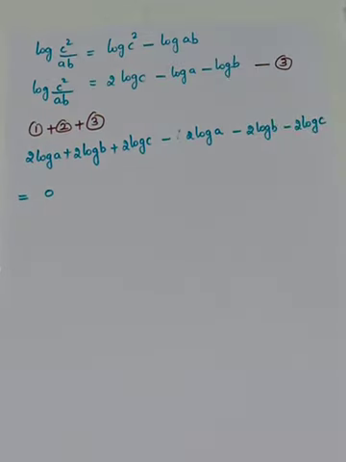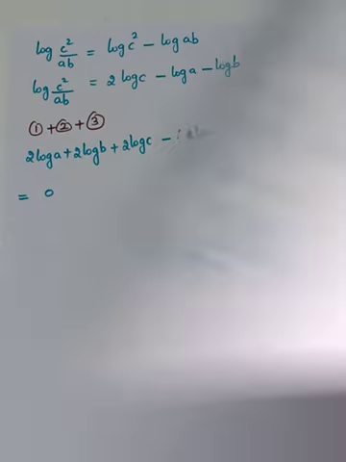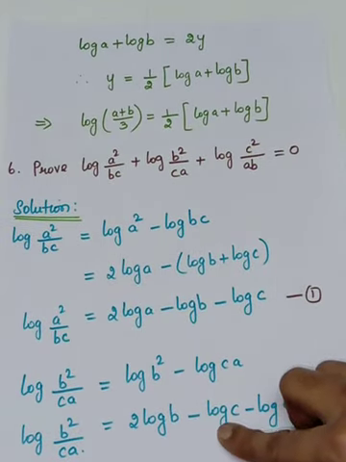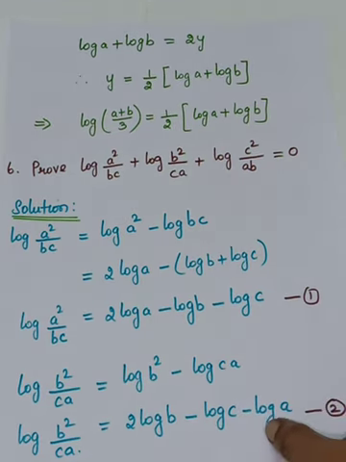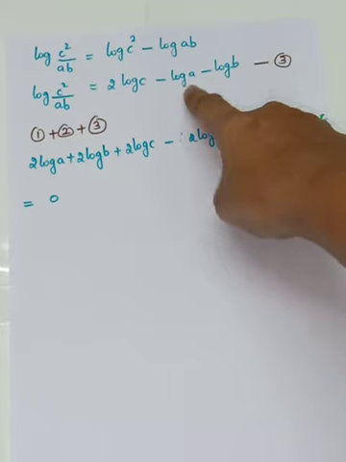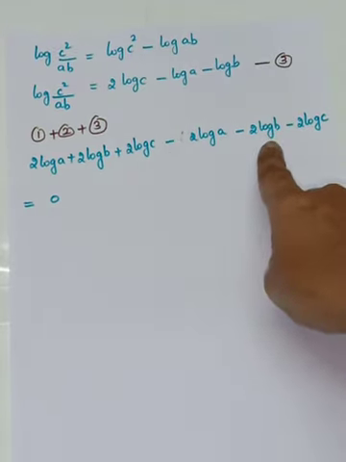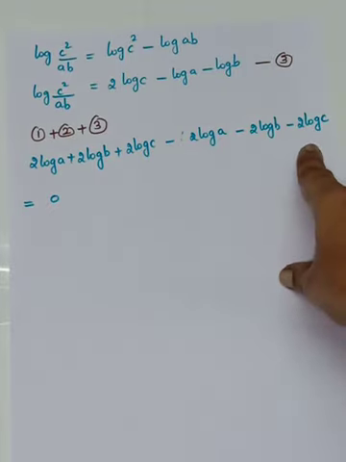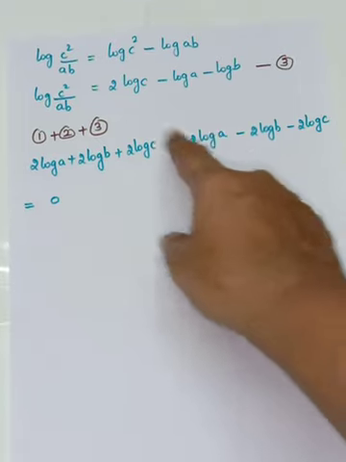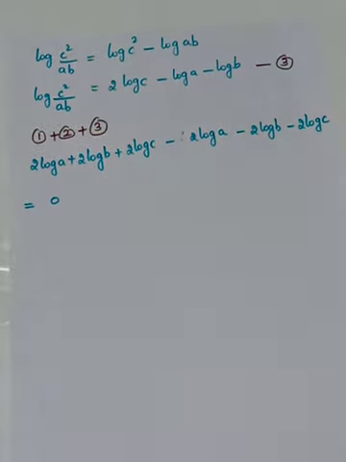So minus 2 log b. In the same way, minus log c, minus log c. So you are having minus 2 log c. Then minus log a, here also you are having minus log a. So from the remaining terms, minus 2 log a, minus 2 log b, minus 2 log c. So if you add all the things, this is in plus, this is in minus. So everything getting cancelled, the answer is equal to 0. Thank you, students.